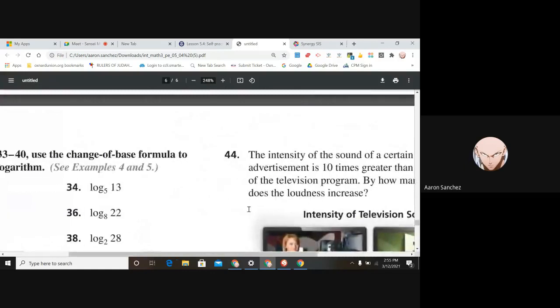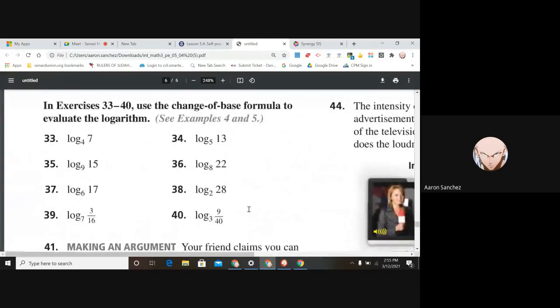33. Okay, here we have to do the change of base formula. So let's look at the change of base formula. We're going to calculate what this is. But remember, on our calculator this is log base 4.